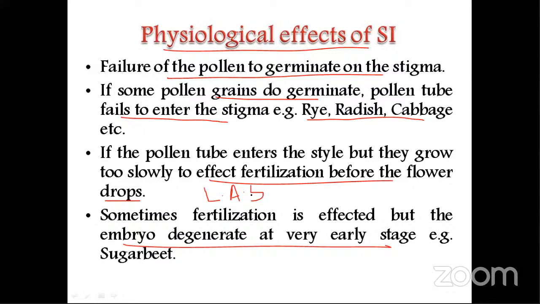So it will degenerate in the very early stage. That condition is called late acting self incompatibility. That is found in sugar beet, in cocoa plant also it is found.